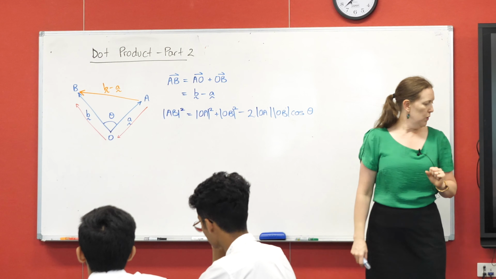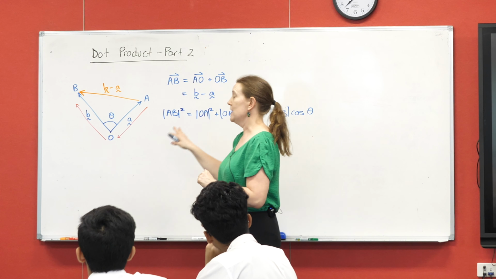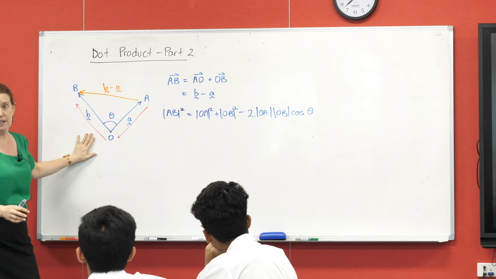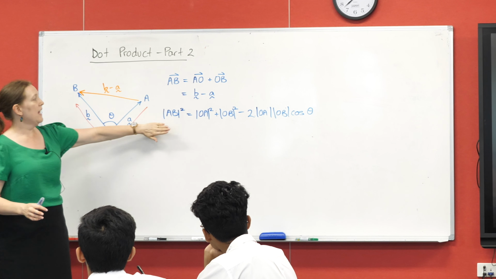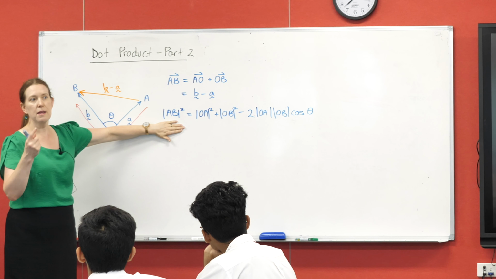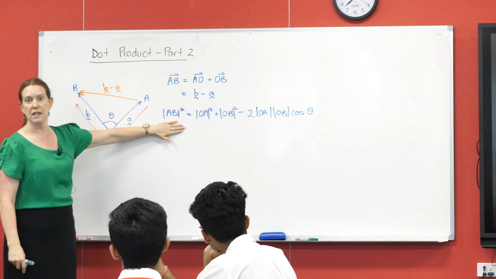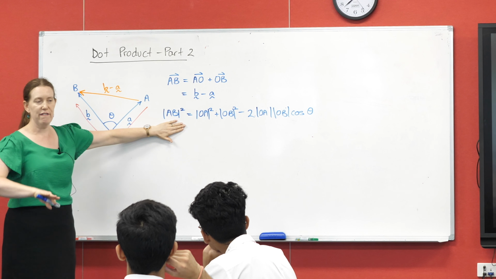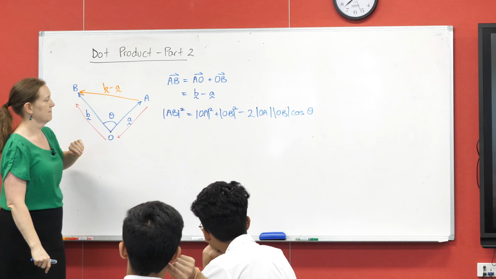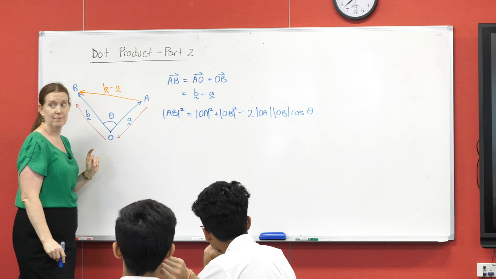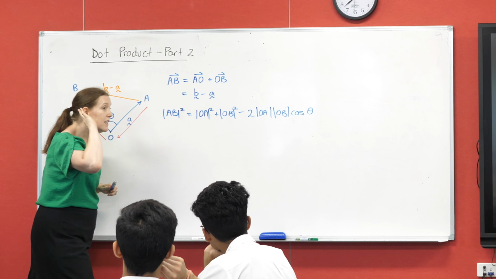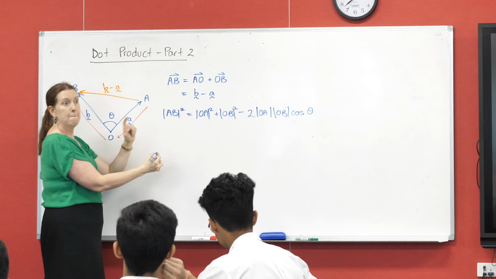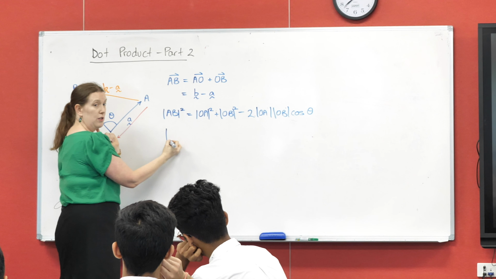Okay, so we want to take all of these and convert them into vectors, because it's the vectors that I'm interested in. If I had this one here, this is the magnitude of vector AB. What's the equivalent, magnitude of length AB? What's the equivalent vector? Is there one? It is vector AB, and we want the magnitude.